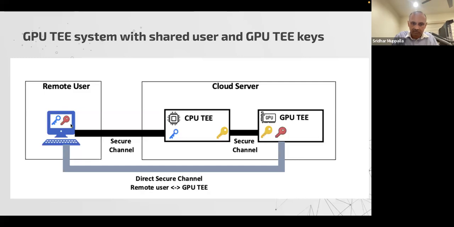I think what they have done is, when the TLS connection is established between the remote user and the CPUT, instead of generating their own shared key, the shared key which is already created between the CPUT and GPUT is the one that has been passed to the TLS protocol.